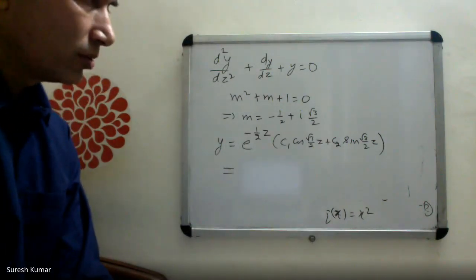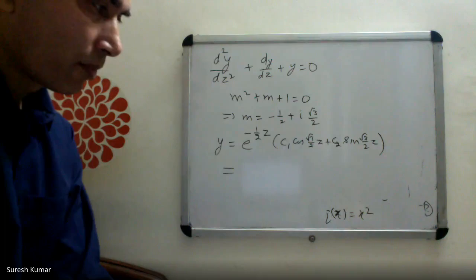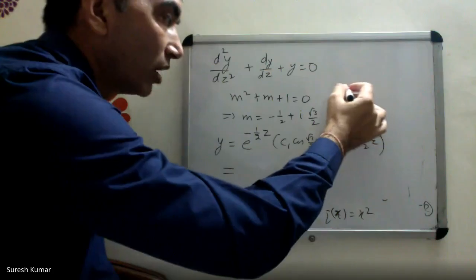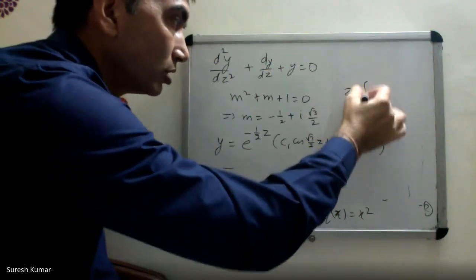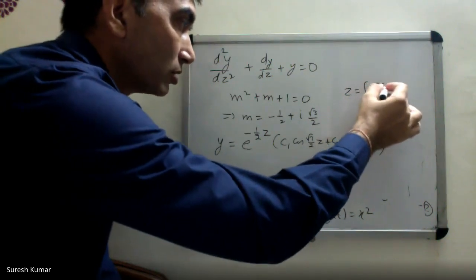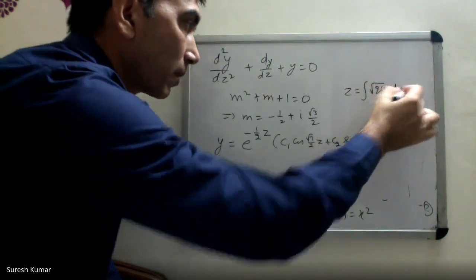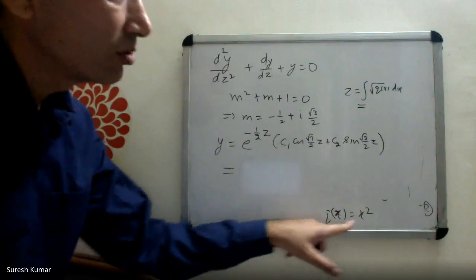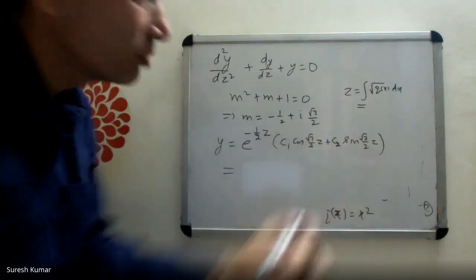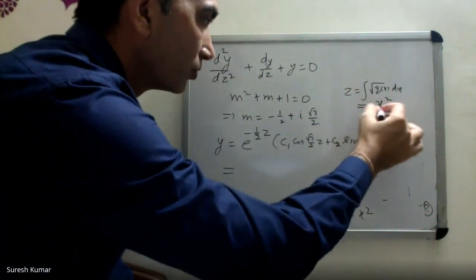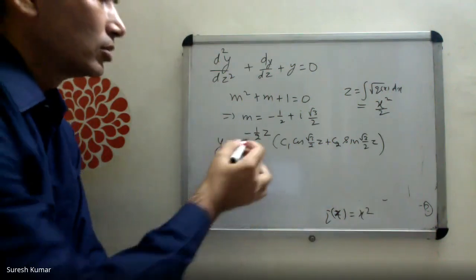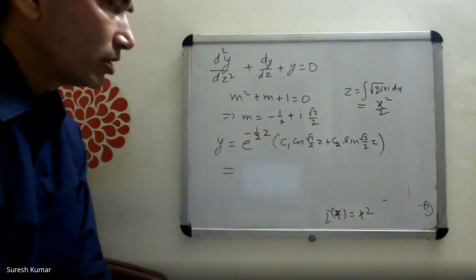What is z? x square by 2. Why? Because you know the transformation is integral of root Q(x) dx. And in your case, Q(x) is x square, so x dx means x square by 2. So just replace z by x square by 2 here.